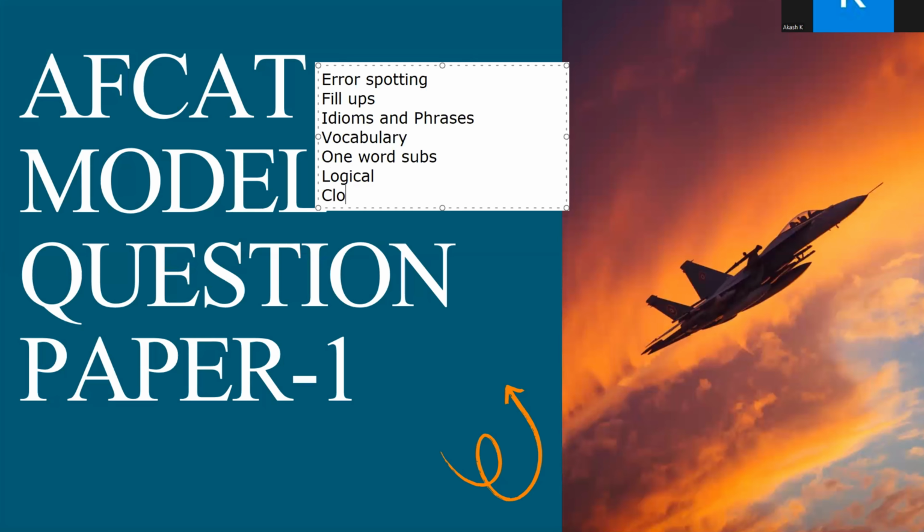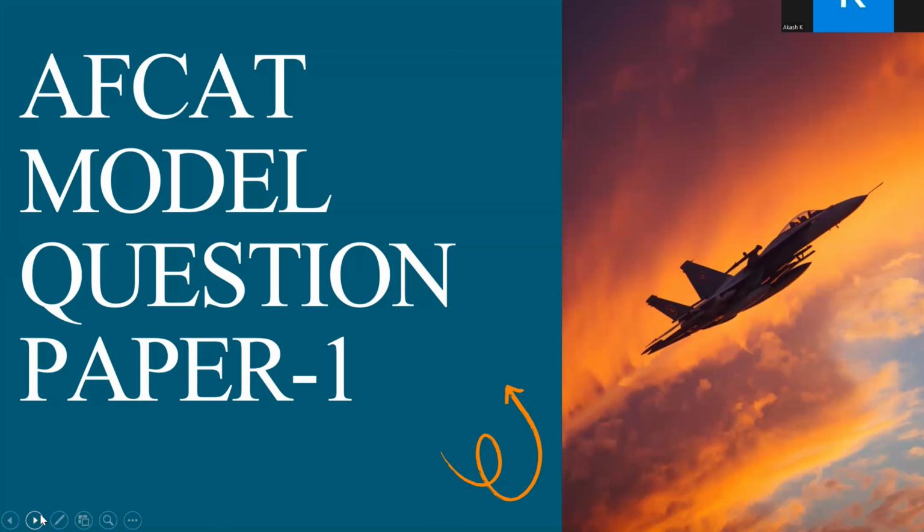Also, the cloze test. And finally, we have focused on comprehension also. So there are 25 questions, divided into error spotting, fill in the blanks, idioms and phrases, vocabulary, one-word substitution, logical arrangement of sentences, logical arrangement of words in the sentences, cloze test, and finally, comprehension. So let's check how you can attempt these 25 questions and get more than 20 correct in the English part of your AFCAT examination, right?